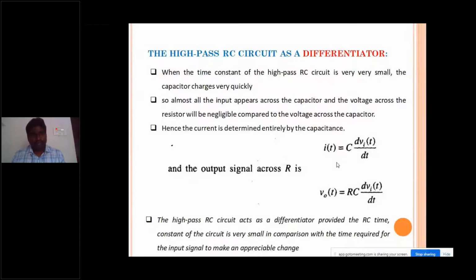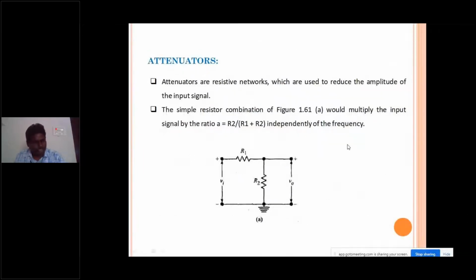In the similar manner, if you want to make this high pass circuit act as a differentiator, you need to maintain the time constant less compared to the input time. So that is the condition. The high pass circuit is not always a differentiator. It acts as a differentiator at one condition. So that condition is important. So that is the main thing.